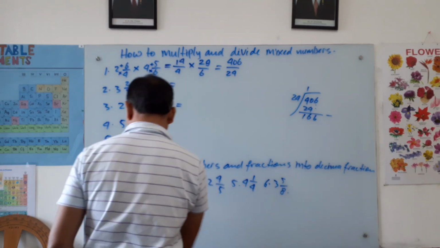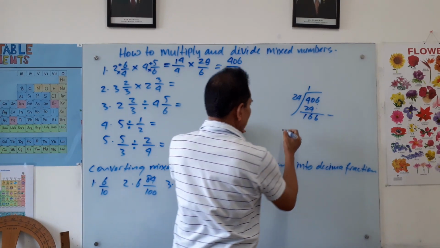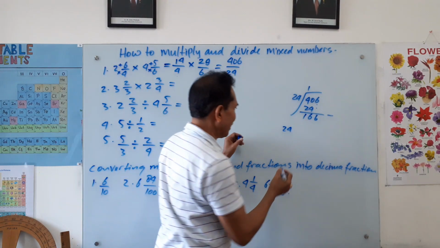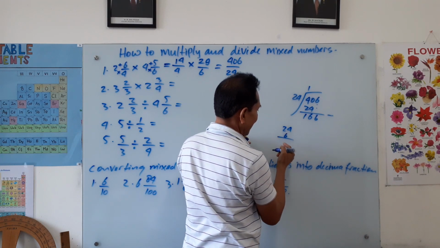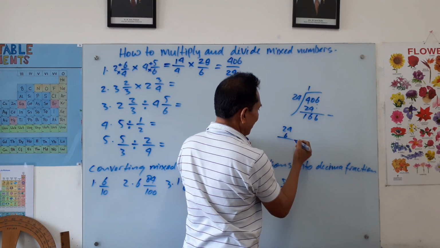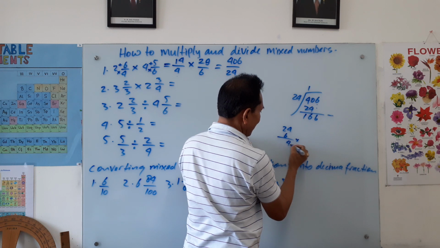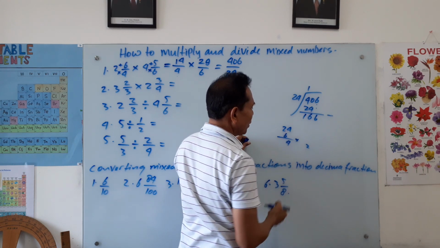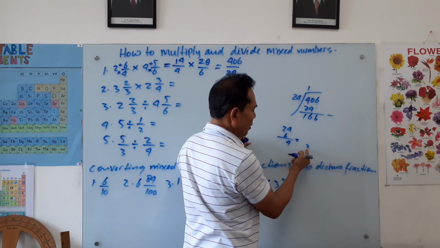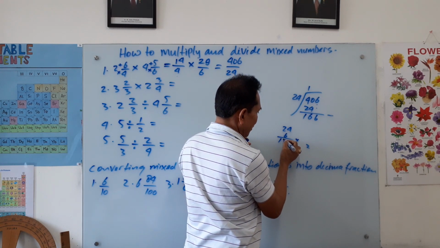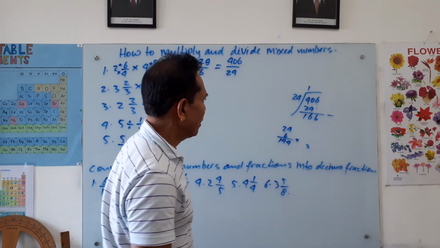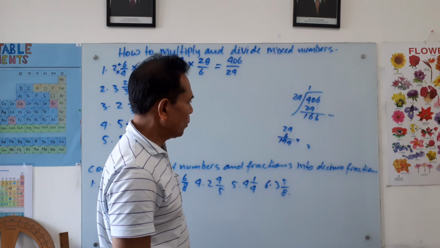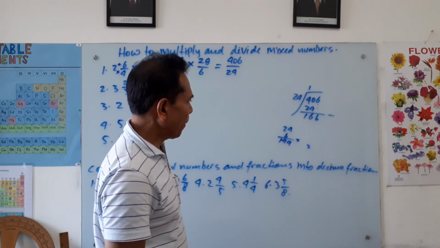We try to use 6. I want to show you how to do this manually. 6 times 4 is 24. 6 times 2 is 12. 12 plus 2 is 14. So 144.